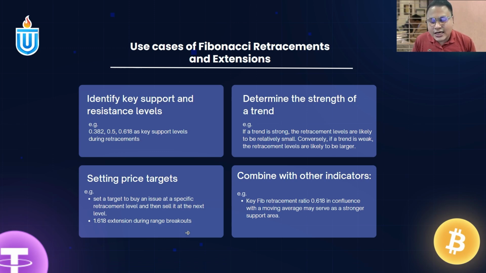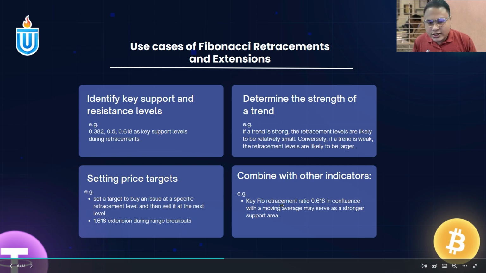So, ginagamit din natin yan like yung, di ba, yung measured target natin in the Wyckoff learning session. So, dito naman ang usually na ginagamit on Fibonacci trading is yung 1.618 na extension. Since yun daw yung golden ratio, no, and such.